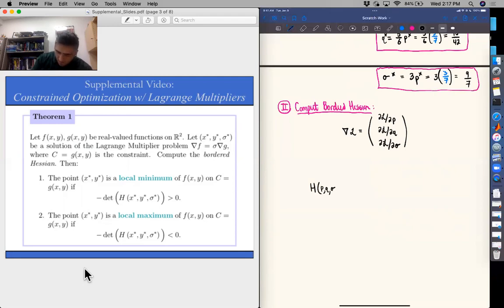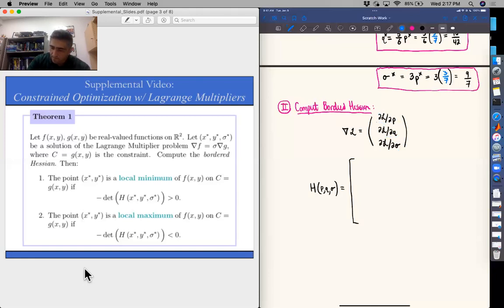Our Hessian will be a function in general of our variables of the system, including that Lagrange multiplier. And when we take the Hessian matrix, we consider each row to be basically different partial derivatives of each entry of that gradient vector to begin with.